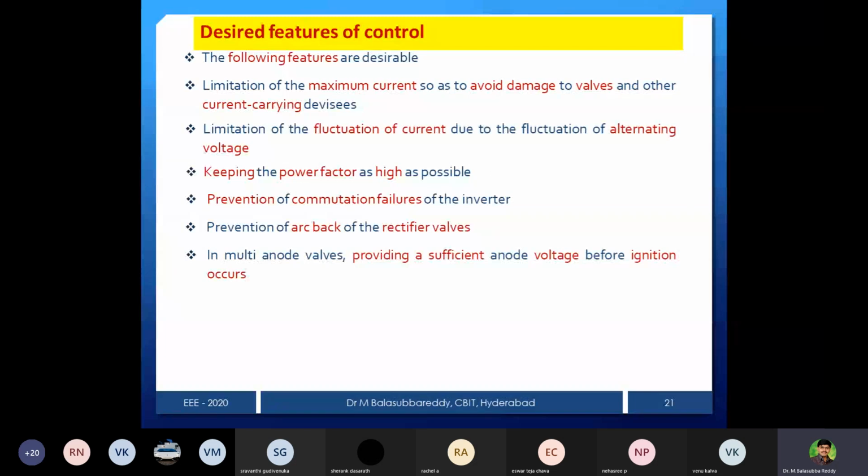So what is that concept? When all the devices are operating in parallel, suppose one of the devices has a turn on time more than the others, then what will happen? Other devices will conduct. Suppose 10 devices are in parallel, and the first device's turn on time is more than the rest of the devices.